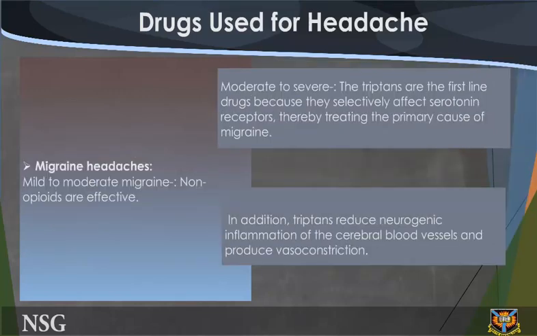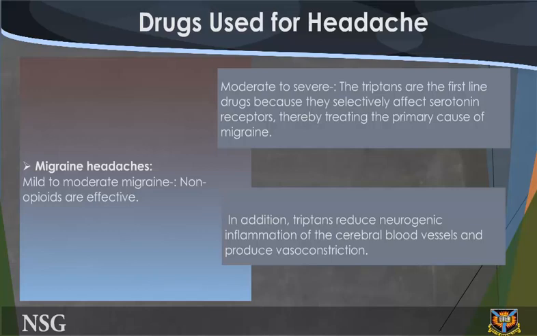Migraine headaches. For mild to moderate migraine, non-opioids are effective. For moderate to severe migraine, the triptans are the first-line drugs because they selectively affect serotonin receptors, thereby treating the primary cause of migraine.